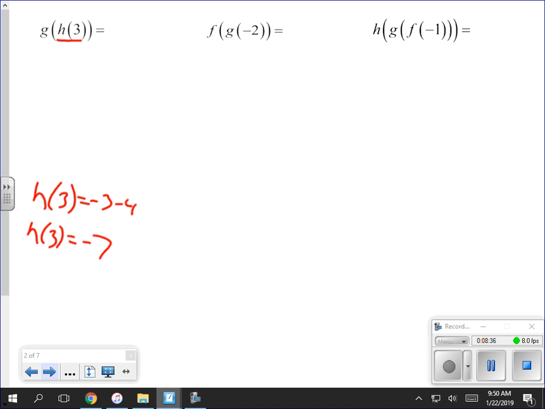That means g of h of 3 is g of negative 7. So that means I have 2 times negative 7 squared, which is 49 times 2, 98.